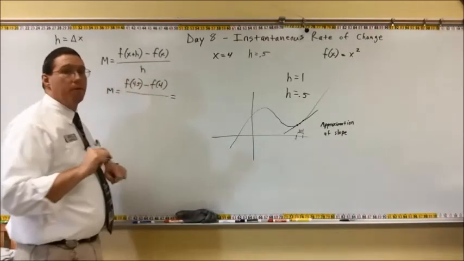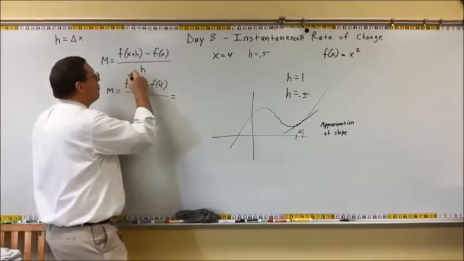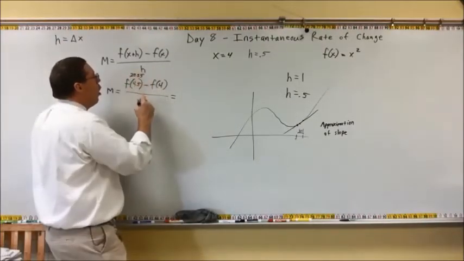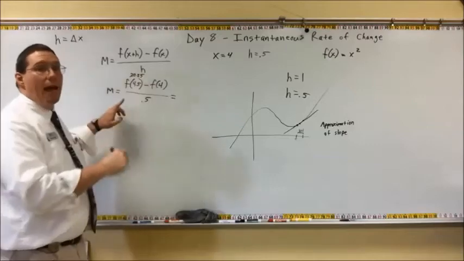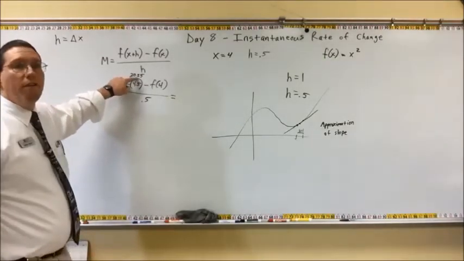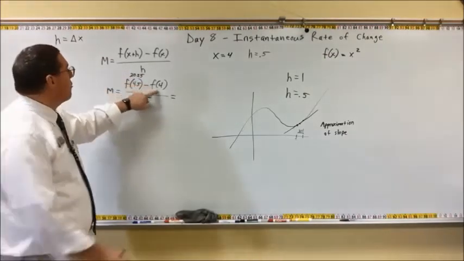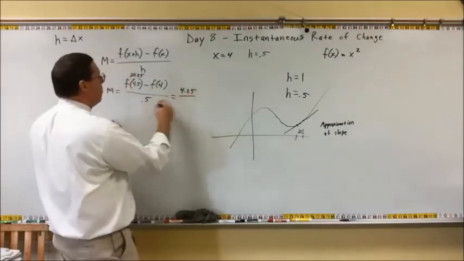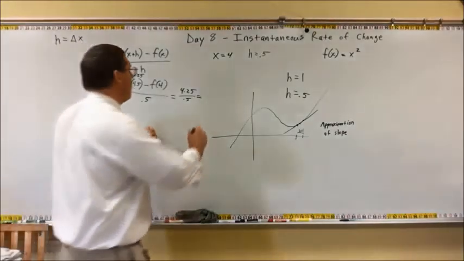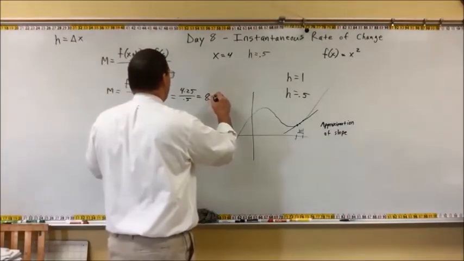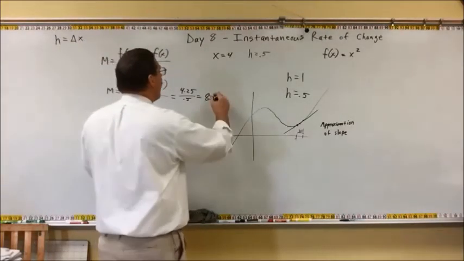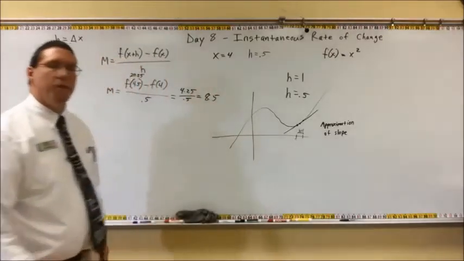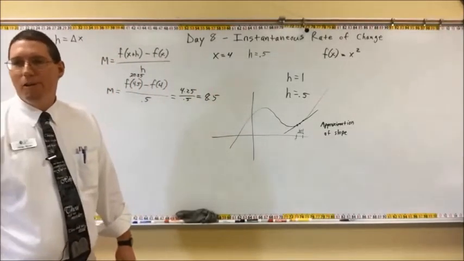I need somebody to look up 4.5 squared, please. 20.25? All right. Over 0.5. So now, 20.25 minus 16 is going to be 4.25 divided by 0.5. 8.5. Something doesn't seem right about... Oh, that's right. Yeah, that's right. It's times 2. Wasn't thinking. My math broke in my head.